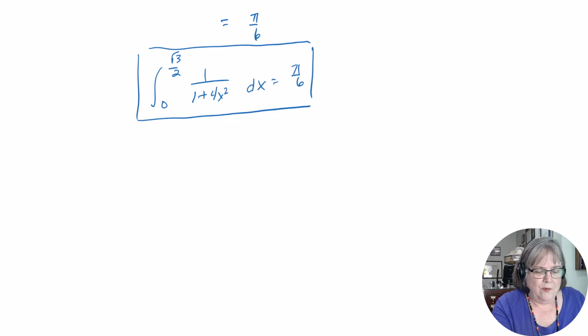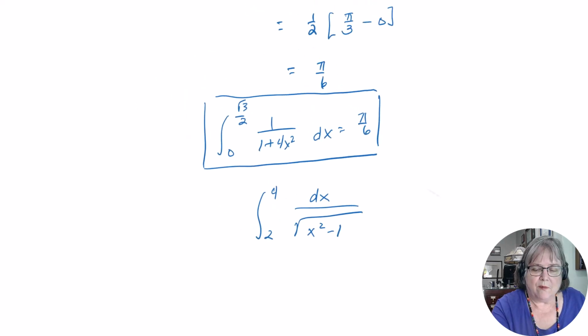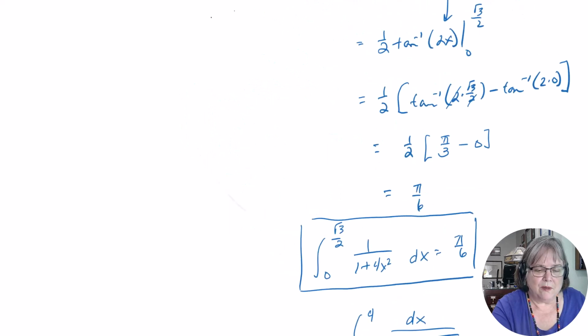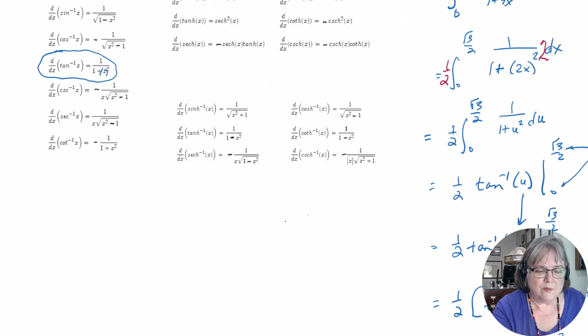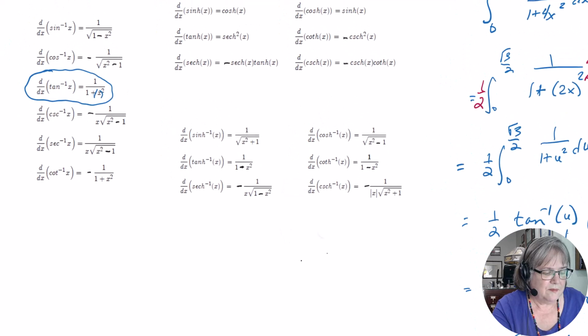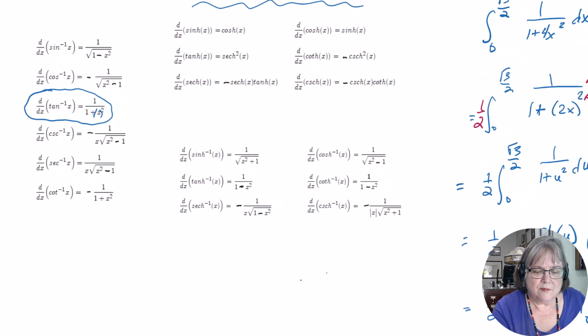Okay, so what if we want to do from 2 to 4 dx over the square root of x squared minus 1? All right, so I'm looking for something that's the square root of x squared minus 1. Now this is x squared minus 1, but it's got a negative right there.